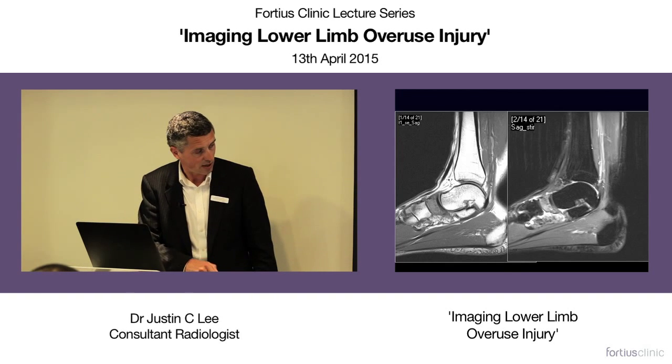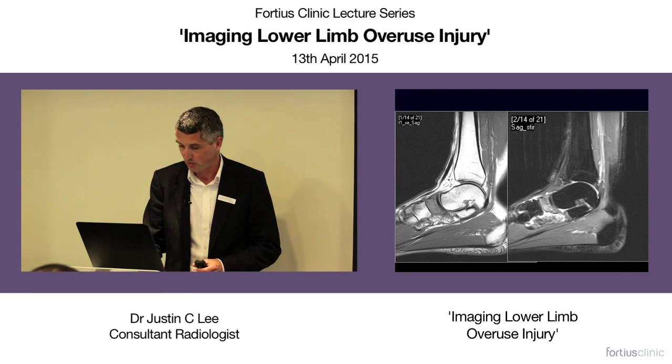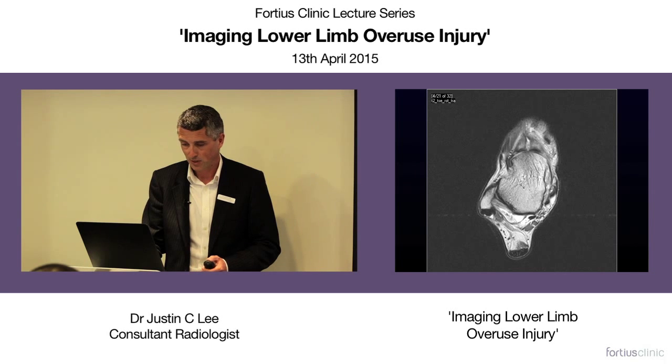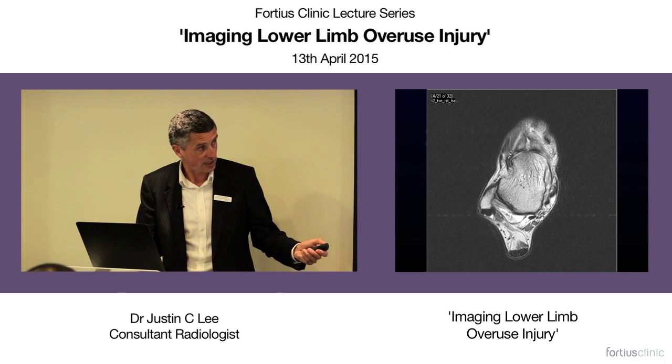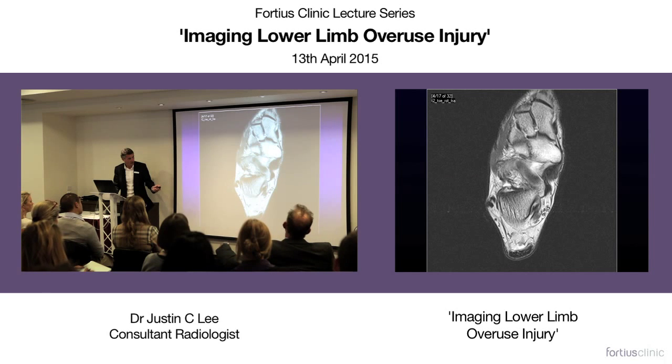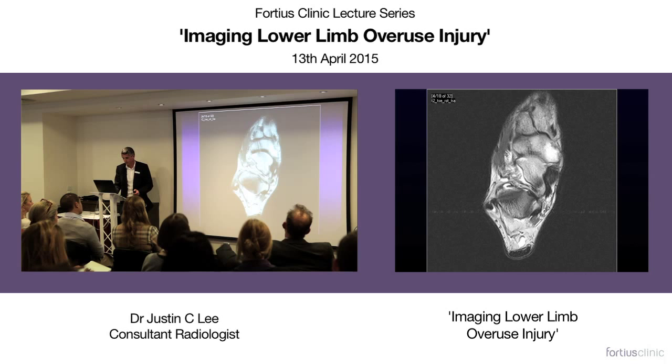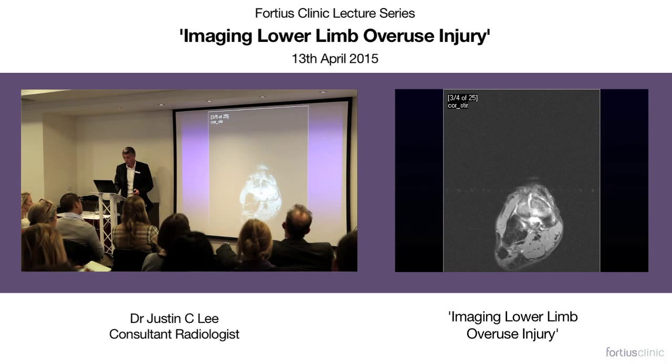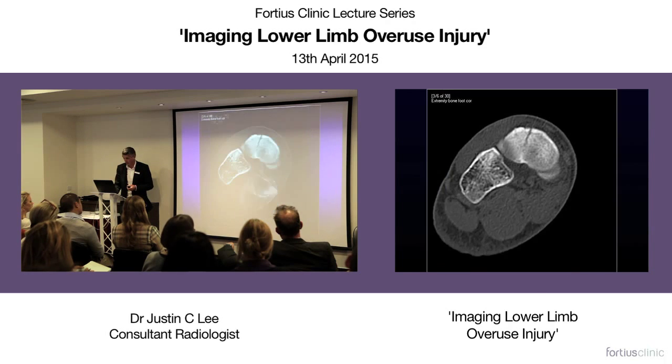If you see a completely edematous bone, then that's always going to be abnormal. And this is the fracture line just running here. So this is the navicular, starting at the top, and we're running down, and that's a split in the navicular. Here it is now in coronal, and that's a pretty inflamed, bad stress fracture of the navicular.